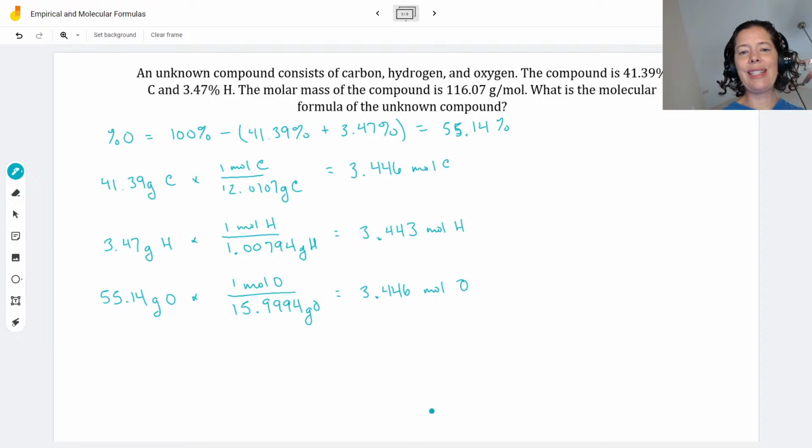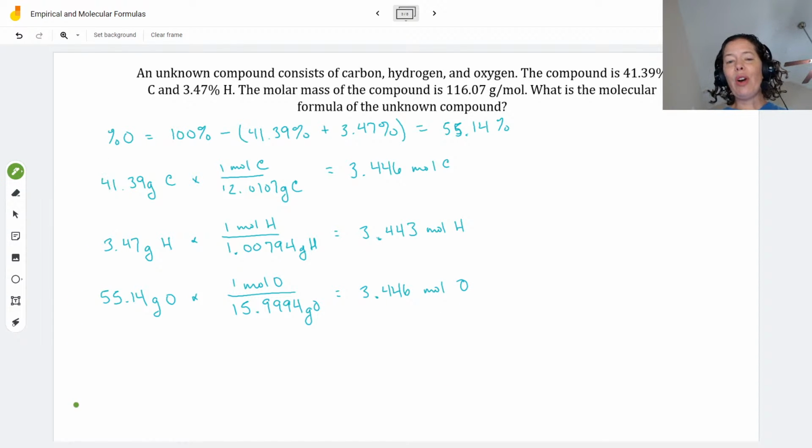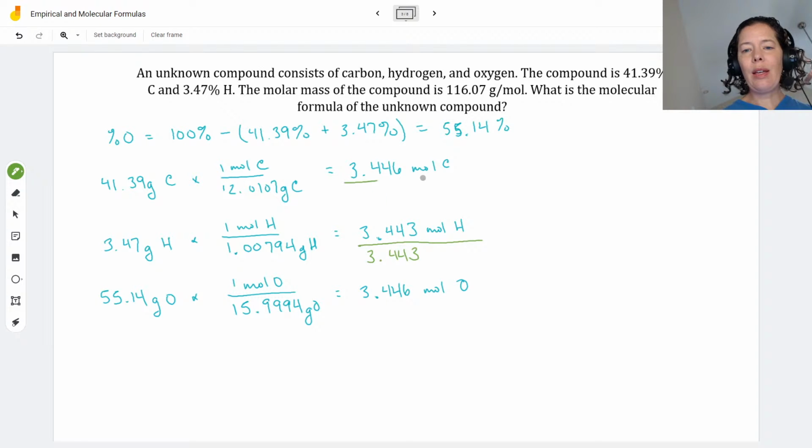Okay, so you can already see that this is a pretty nice ratio here. All right, so we're going to take our smallest number, which in this case is going to be our hydrogen, and we're going to divide everything by it. And divide this by our moles of hydrogen. And you can already see that we're going to get ones for all of this.